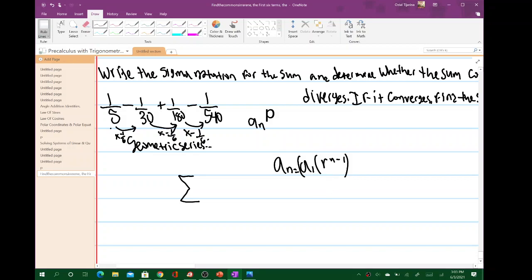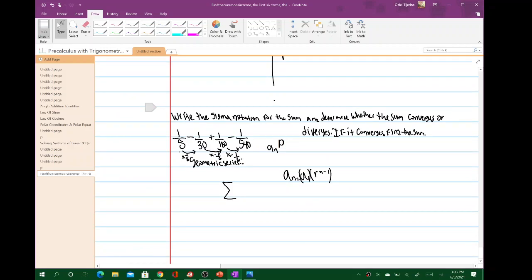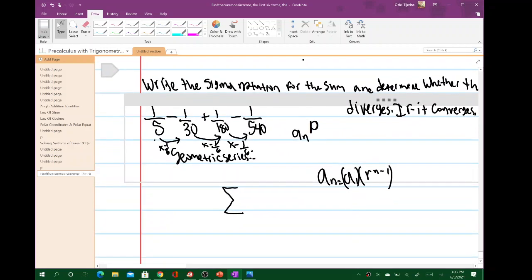Like I said, this is the sum for an infinite series. And yes, it is, because we obviously know that this is going to go on forever. Now, I had said that if it is a linear expression with a common difference, then it diverges.